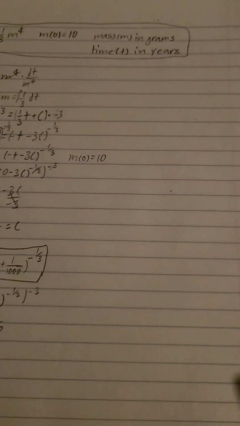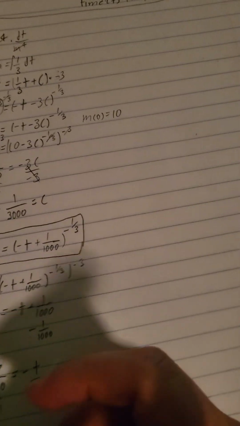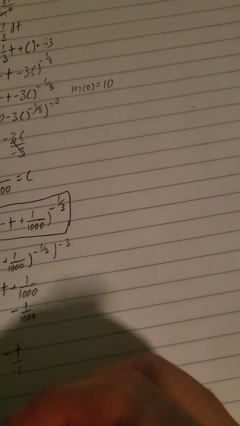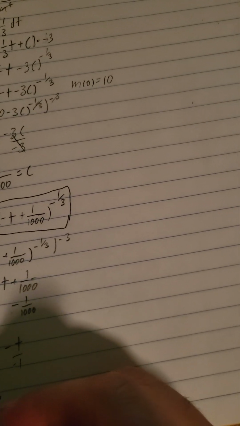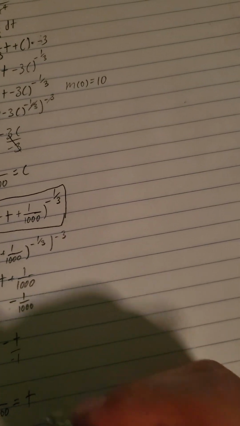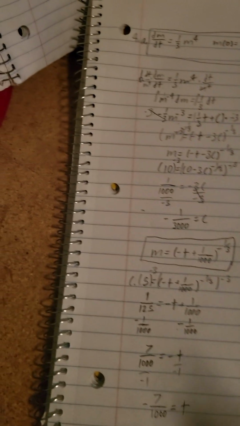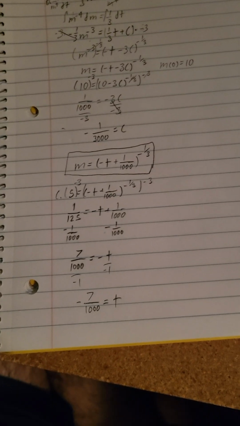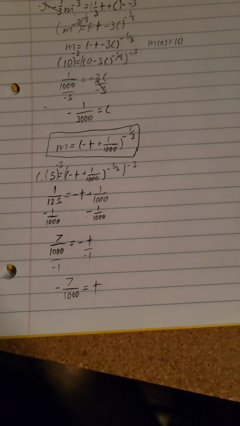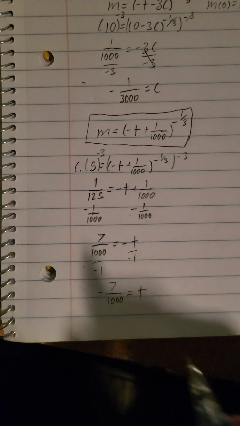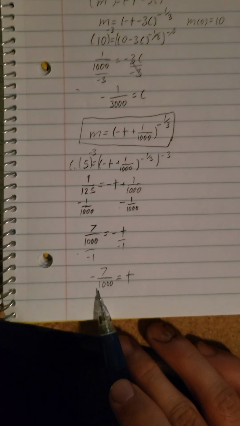Cancel that negative. And so negative 7 over 1,000 equals t, which means that the half-life is negative 7 over 1,000 years. But obviously that doesn't make sense because we can't have negative time.